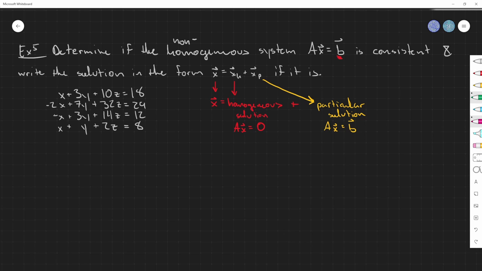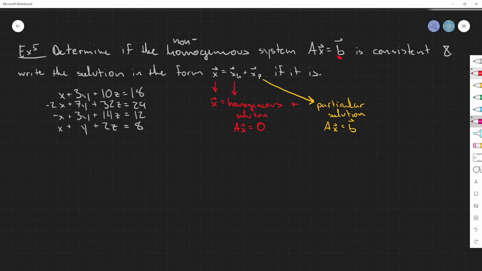But that's another thing. We have to first check if this non-homogeneous system is consistent. To check if it's consistent, we have to see if the rank of the matrix A is equal to the rank of the augmented matrix AB.